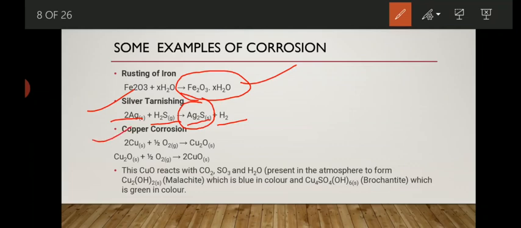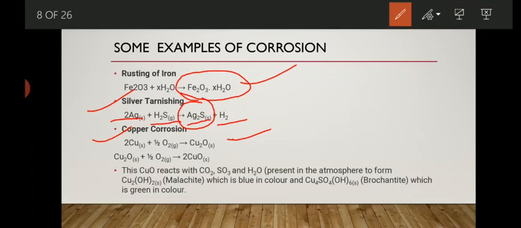Next example is copper corrosion or tarnishing of copper metal. Maybe you have observed in our homes that the copper utensils we use, after some period of time, turn blue or green. Why? Because copper undergoes an oxidation process. Due to that, its color turns blue or green. First, copper combines with oxygen and forms cuprous oxide.